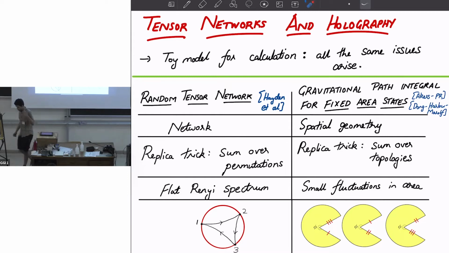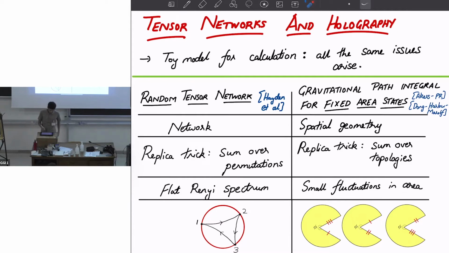The calculation, when you do this Haar averaging over random tensors, becomes effectively a sum over permutations. So it's a sum over different permutations that are applied on these tensors. And this nicely matches with the sum over topologies that you find in the replica trick.